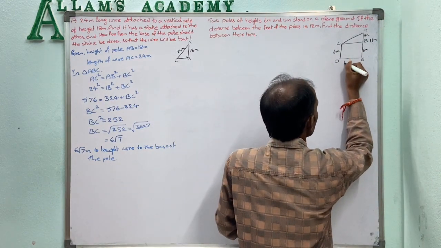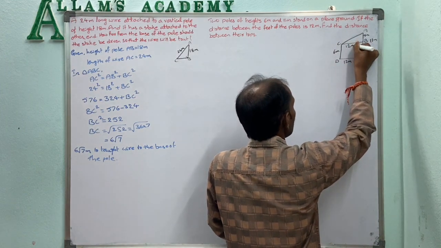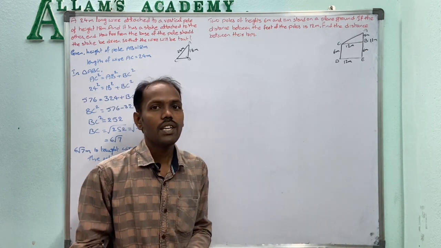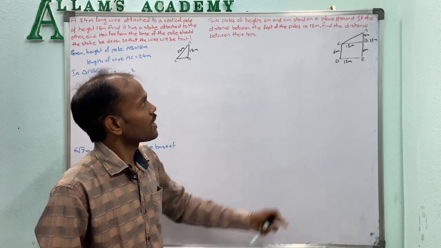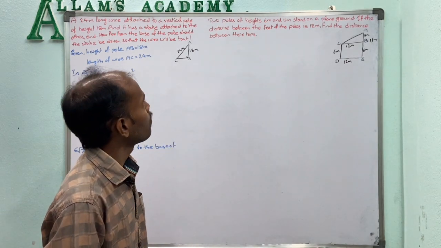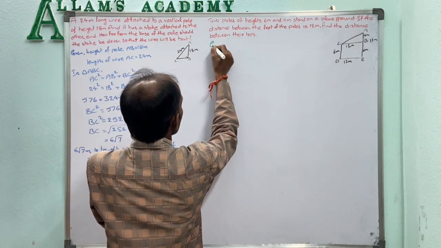So DE equals 12 meters, so BC is also 12 meters. So now by using this information, we find the hypotenuse AC, which is the distance between the tops of the poles.